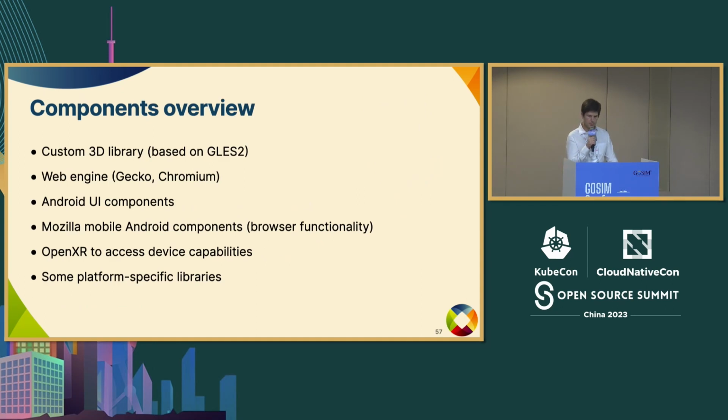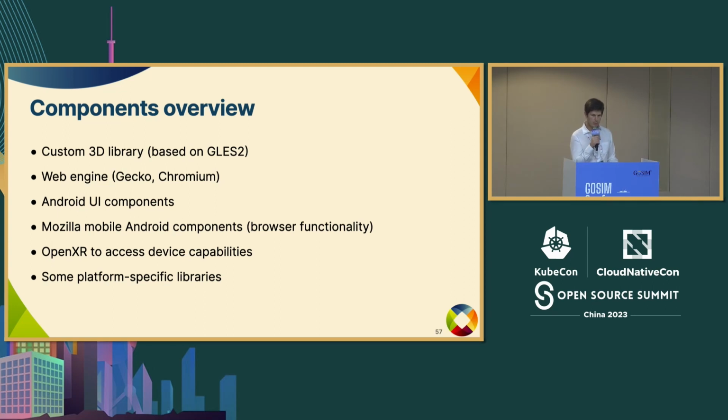In terms of technical components, Wolvic has a small 3D library that allows us to position elements in the 3D space. It uses a web engine to be able to render the websites I will mention in a moment. Much of the rest of the user interface is composed of regular Android UI components.